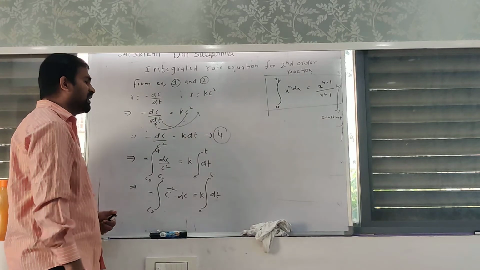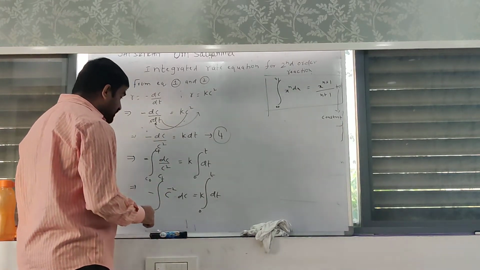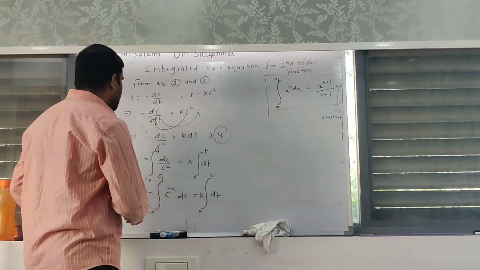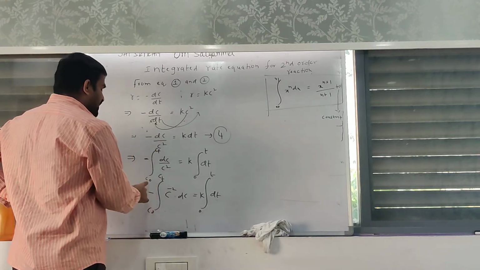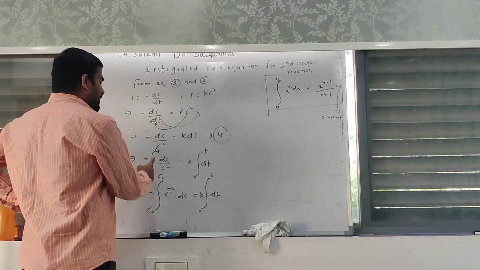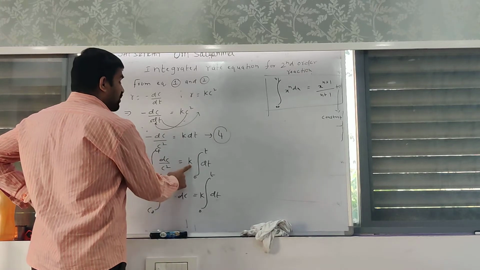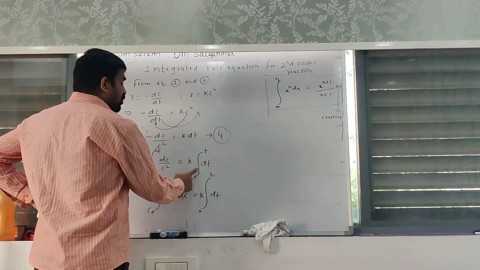I can remove the differentiation d value, so I can integrate this equation with limits c naught to ct. Initial concentration is c naught, final concentration is ct. Dc by c square is equal to k into the integral from 0 to t.